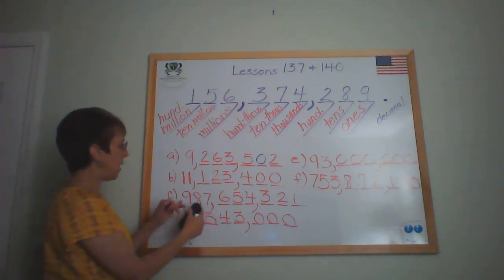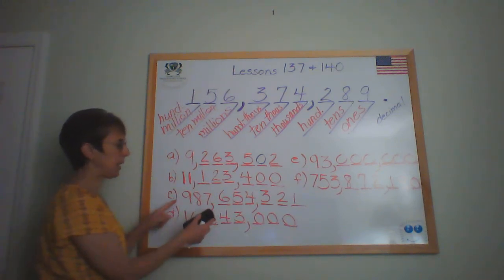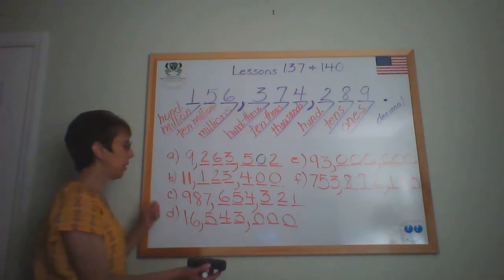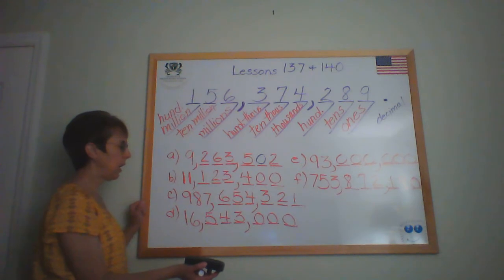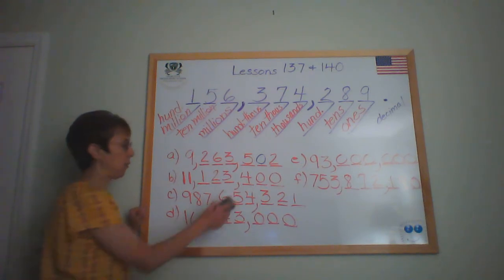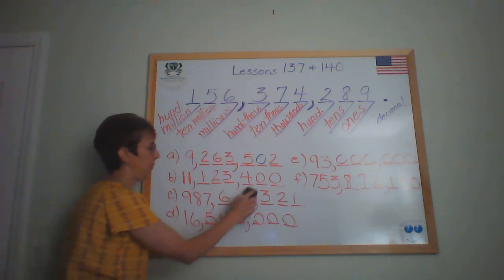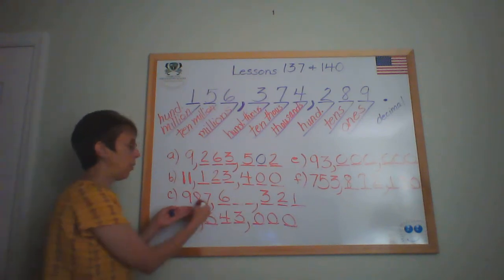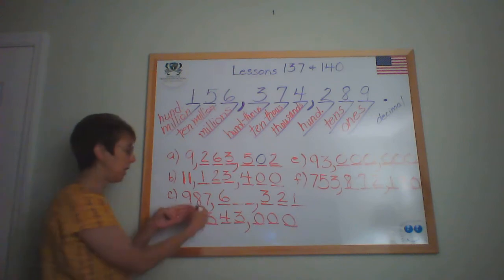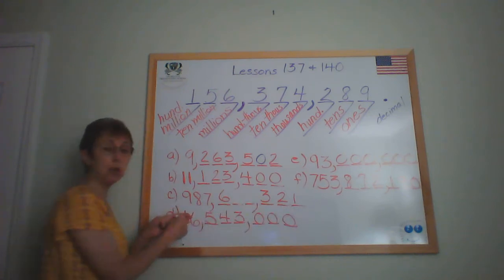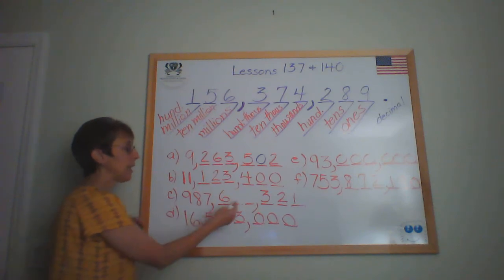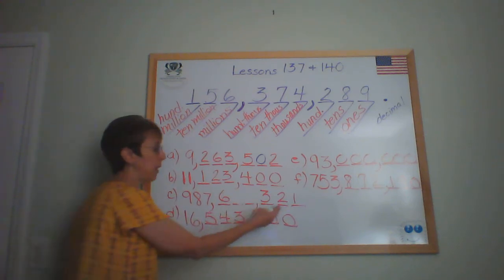Or, let's do this one. 987,654,321. Well, what if this was 987,600,321? And you have your blanks because you heard or you read that it was millions, so you set up with your correct number of blanks. 987,600,321.